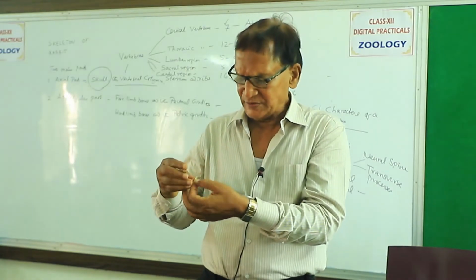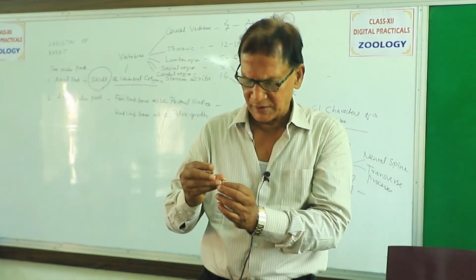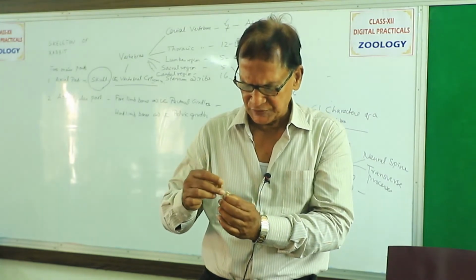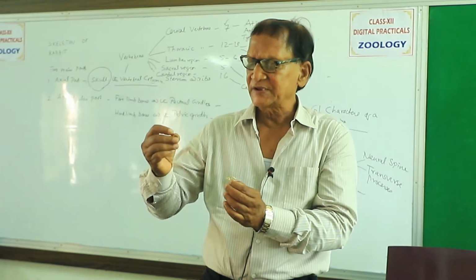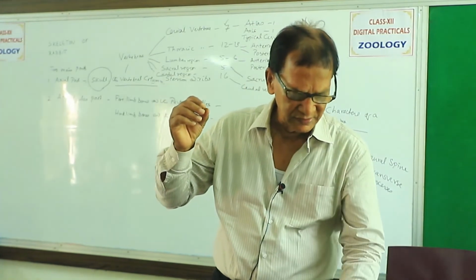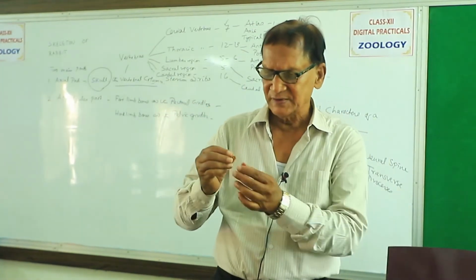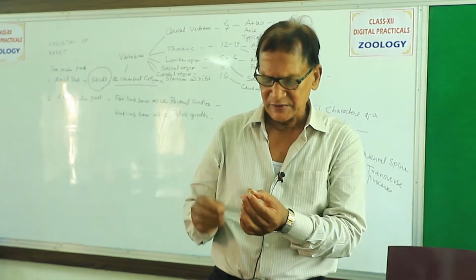So behind this centrum on either side we have those two facets for the next vertebra, that is the axis vertebra. Next we come to the axis vertebra.